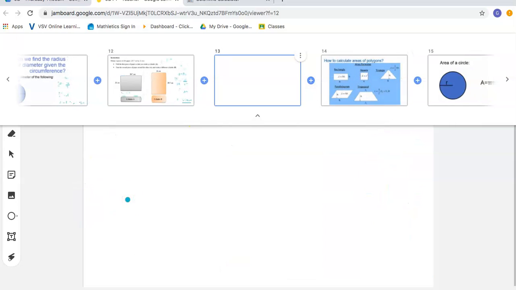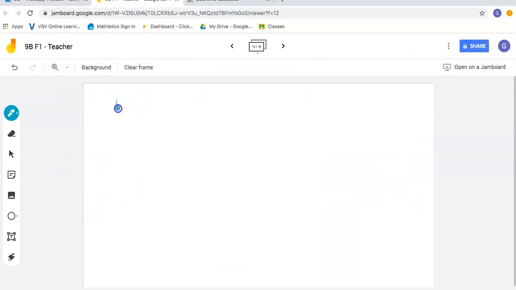So we're trying to find the volume, and we know it's the base times the height, and we know the base formula is pi r squared, times the height, and we simply put that in.